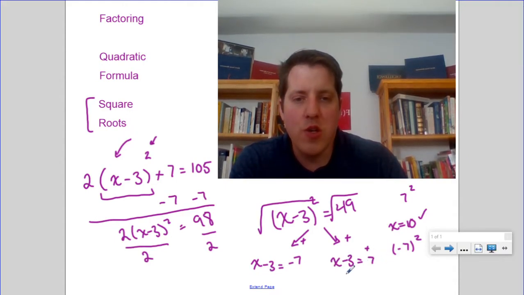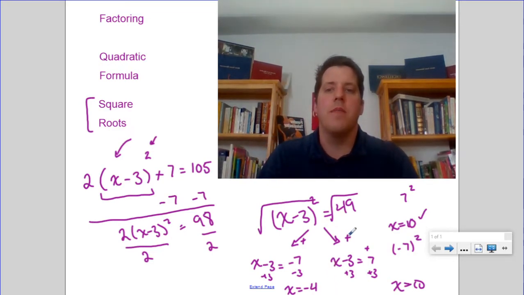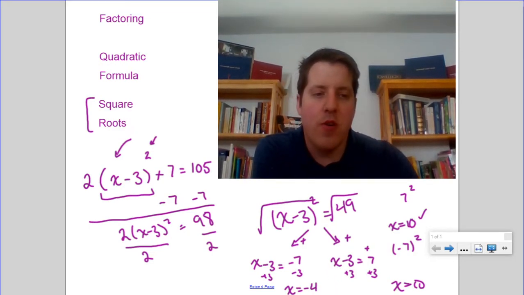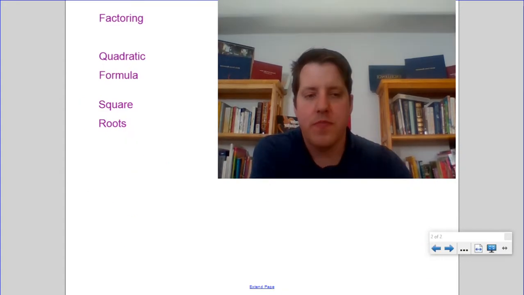This is the equation that gives me 10. And this is the equation that gives me negative 4. So we actually had to move the opposite direction. Okay. That is a review of solving by the square root method.